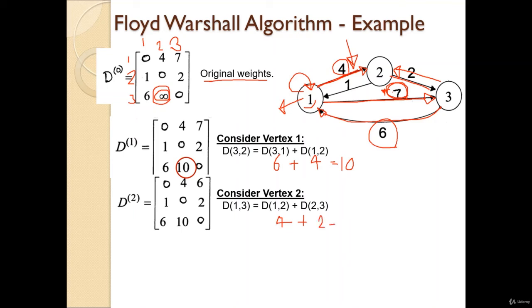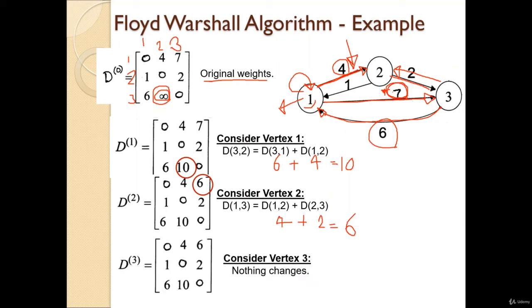Now let's update this value in our matrix. So this 6 is updated. Now what about the consideration of vertex 3? There nothing changes, right?